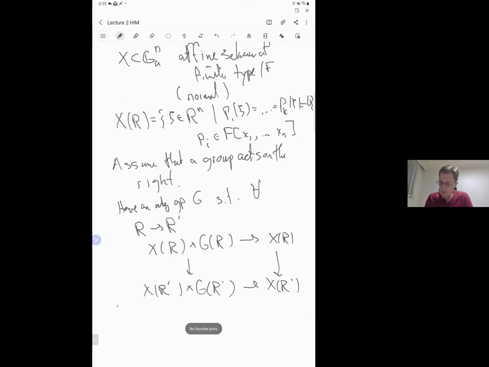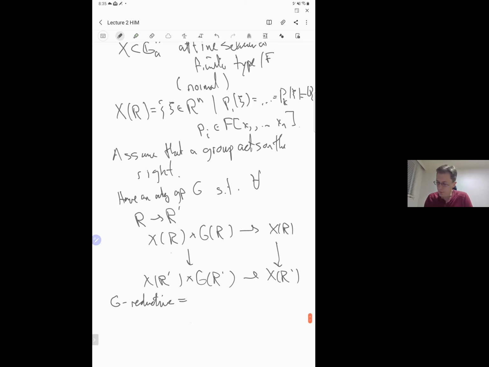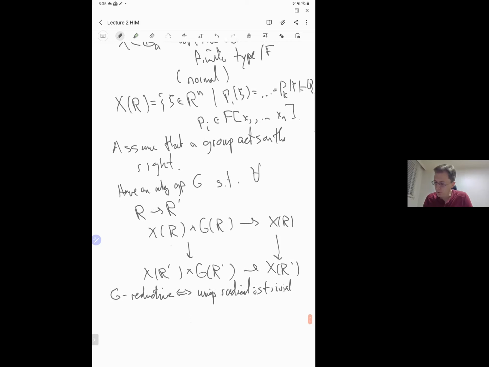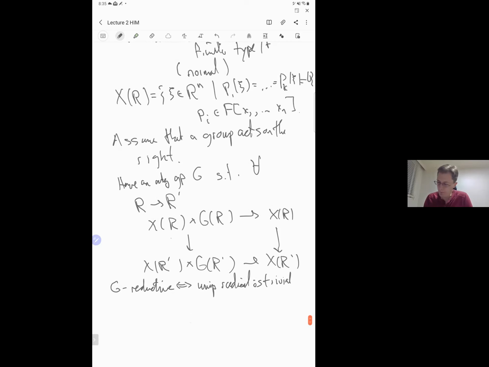So I'm going to have to put some assumptions on things. For my purposes, I'm going to assume that G is reductive. Since this is a course, this is if and only if its unipotent radical is trivial, which, if you don't know what that means already, is not very helpful.